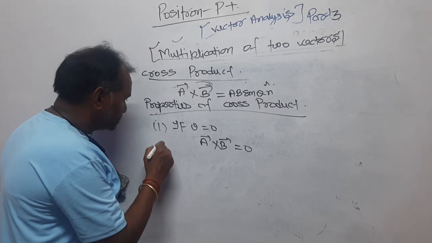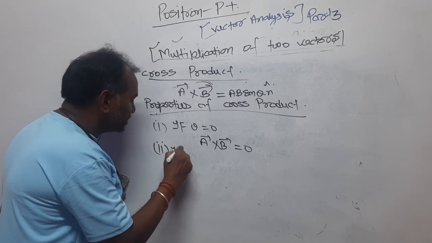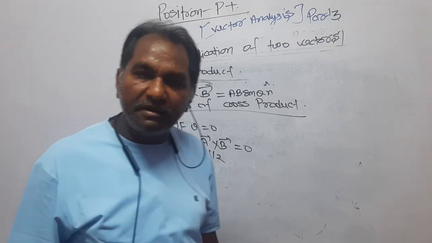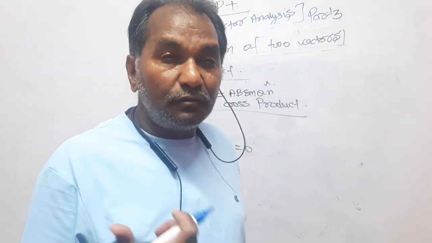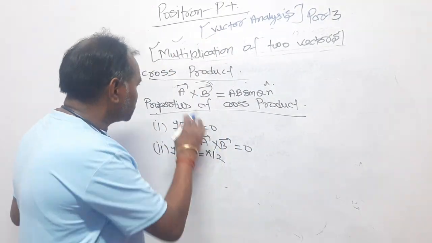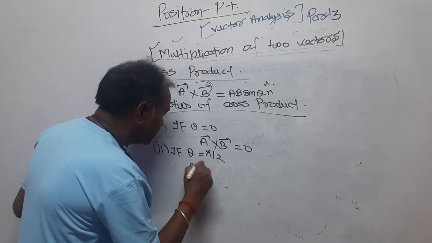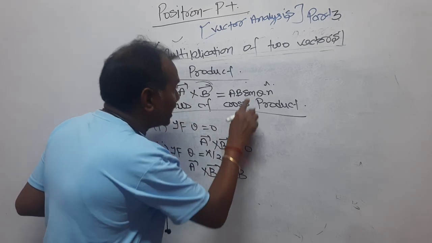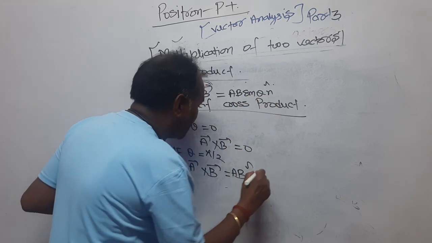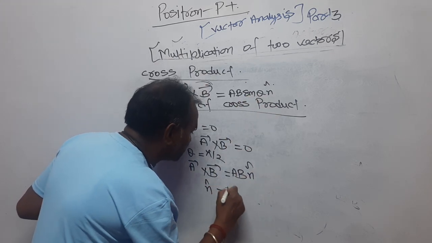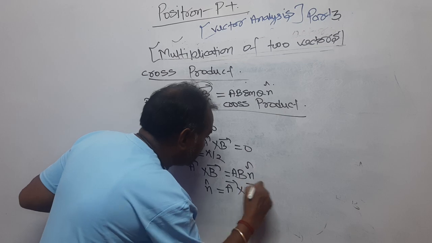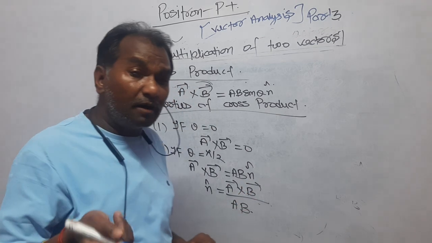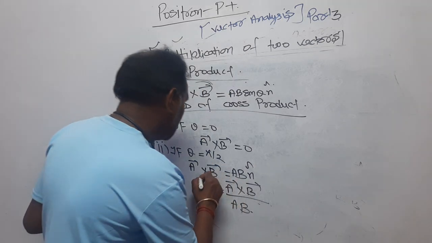Now dear student, second is if theta equals pi by 2. What happens if the two vectors are perpendicular to each other? Then vector A cross vector B is equal to AB sin pi by 2, which is 1, and n cap is equal to vector A cross vector B upon AB, where AB means the magnitudes of A and B respectively.